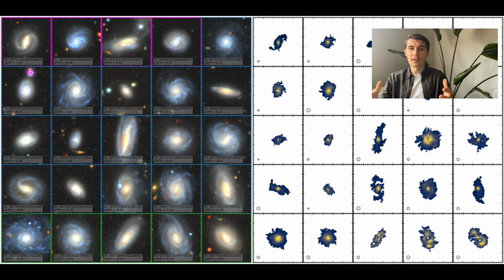Here's 25 galaxies from SALVAGE, with representations of their optical data on the left and their millimeter data on the right. The optical data traces the stars and the star formation rate. On the right-hand side, the millimeter data traces the location of molecular gas, which is the fuel for star formation.